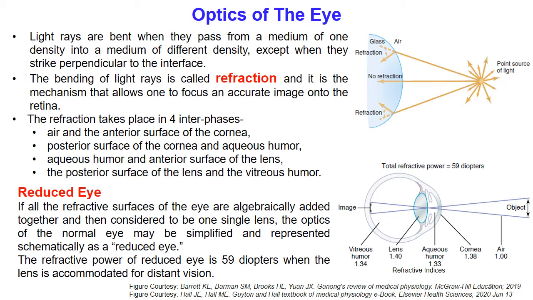This is useful in simple calculations. In a reduced eye, a single refractive surface is considered to exist with a total refractive power of 59 diopters when the lens is accommodated for distant vision.